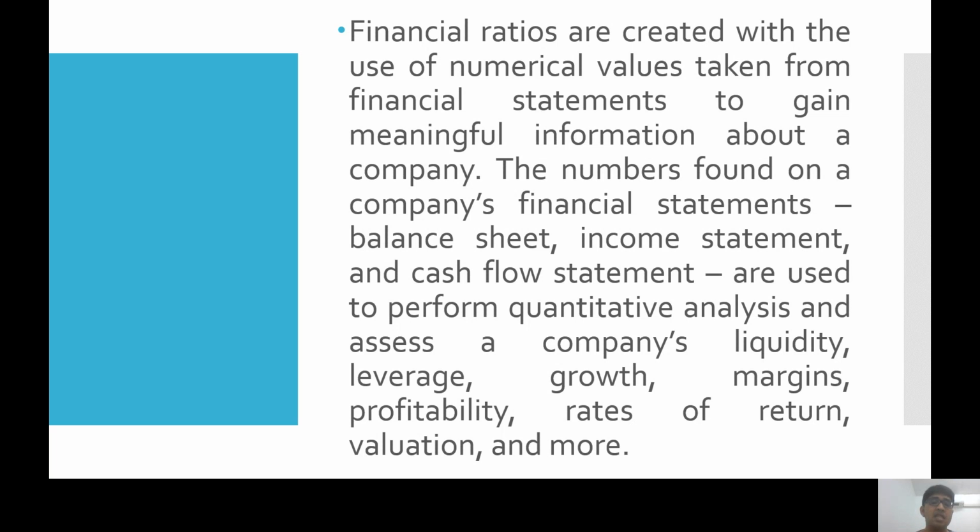So the financial statements become the basis of the company. Because again, the financial statements will just be about the account titles and the numbers. But if we employ financial ratios, then the information from the financial statement will be very useful and very helpful for the company to determine its performance. Okay?